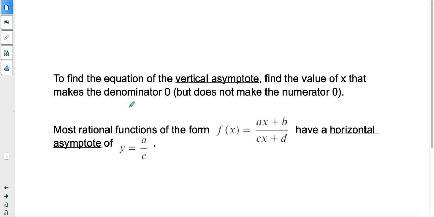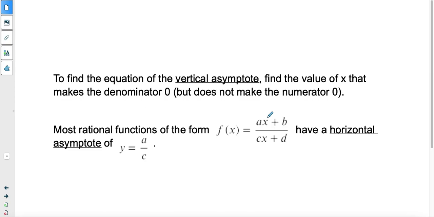A caveat I need to add is that this value of x should not make the numerator equal to 0. So for the vertical asymptote, find the value of x that makes the denominator 0 but does not make the numerator 0. And most rational functions in this form will have a horizontal asymptote of y is equal to a divided by c.